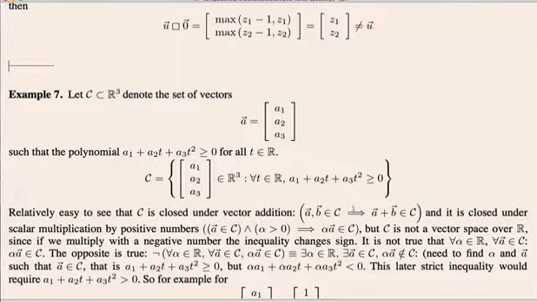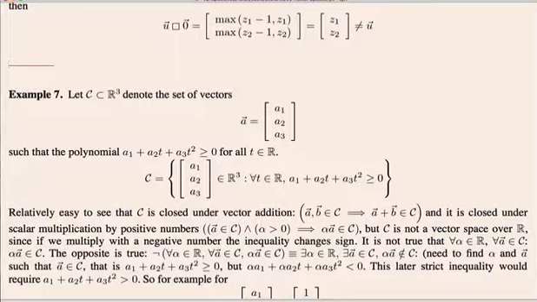So it's not difficult to see that when you add together such vectors, it's closed under addition. It stays non-negative when you add together a1 with b1 and a2 with b2 and a3 with b3. It's also closed under scalar multiplication by positive numbers.